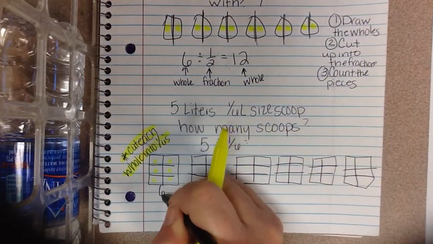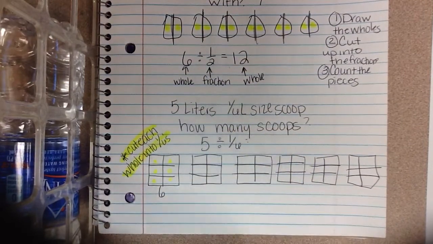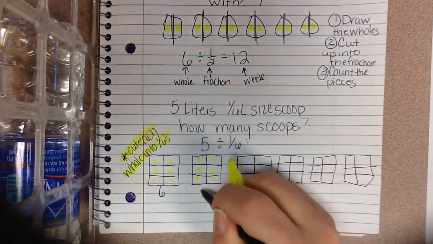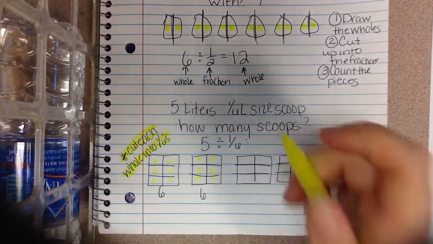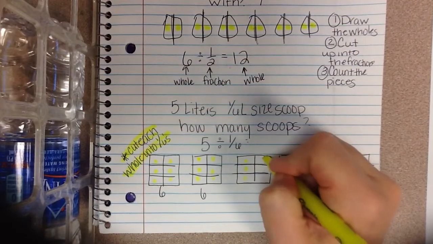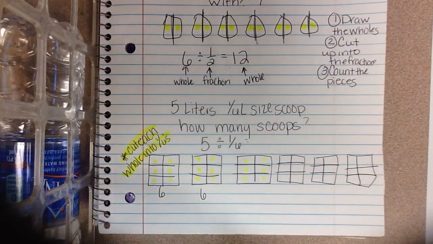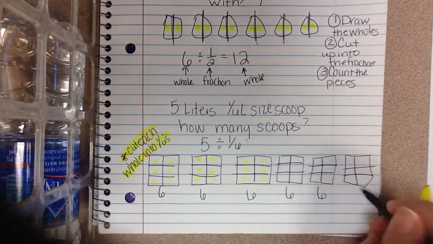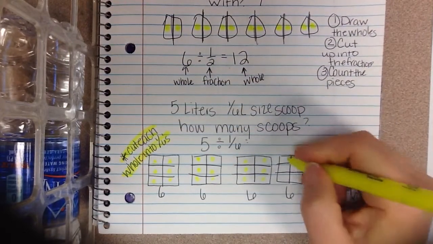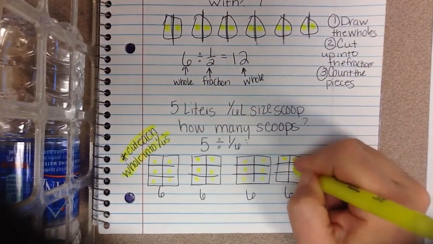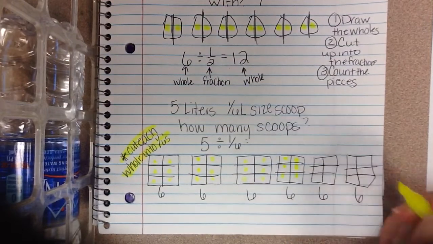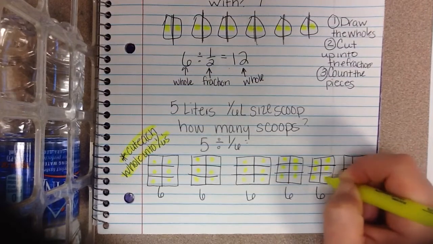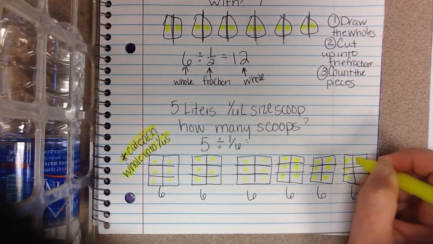I have 6 in this one. 1, 2, 3, 4, 5, 6. 6 in this one. How many over here? 1, 2, 3, 4, 5, 6. I hope we understand how many we're having in each one. This pattern is just going to continue. There's going to be 6 scoops that fit into each whole.